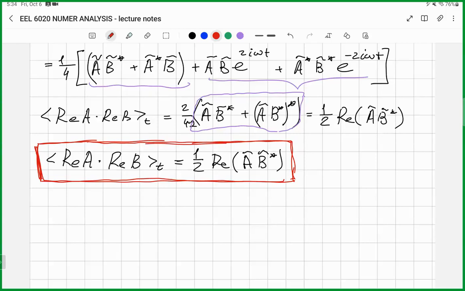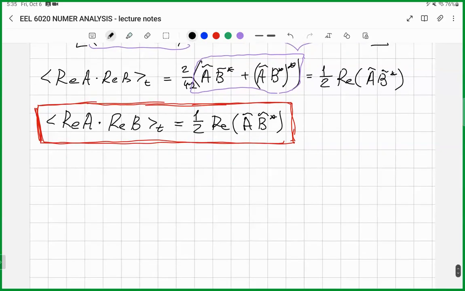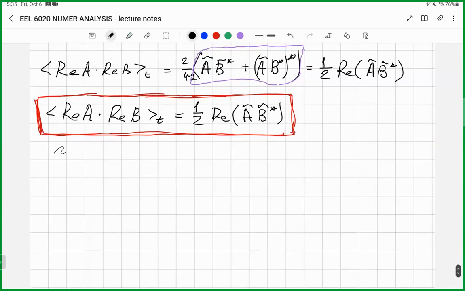For example, for the active part of the power that we discussed last week, or the absorbed or radiated part of the power, right? So what was P active?